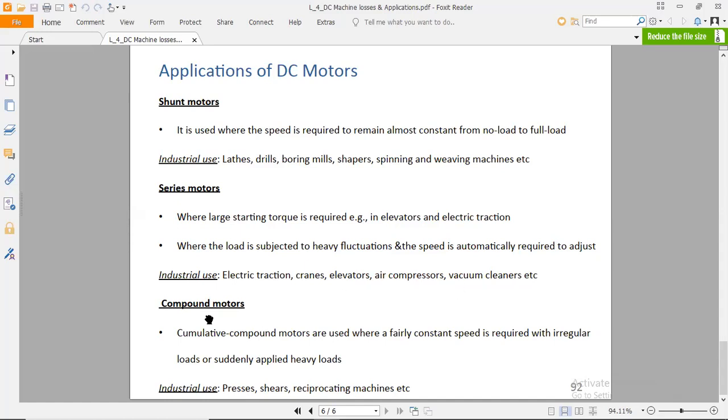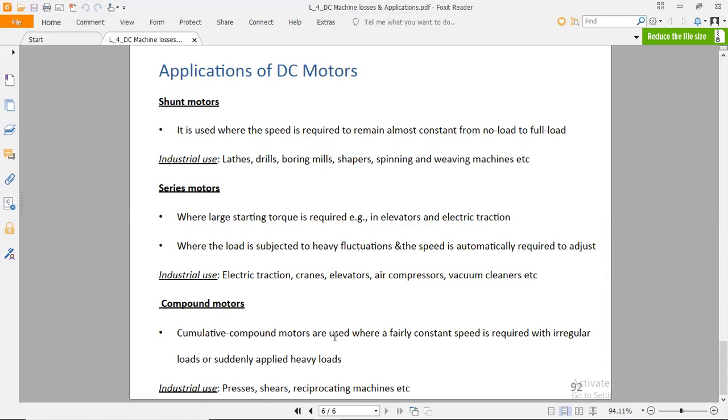Now, compound motors. I think most of the people are not aware of these motors up till now, but in upcoming lectures we will discuss the shunt motor, series motor, and compound motor in detail, and structurally analyze how each works. This is a short introduction to the applications of motors, how many kinds of DC motor there are, and in which industrial uses we apply them.